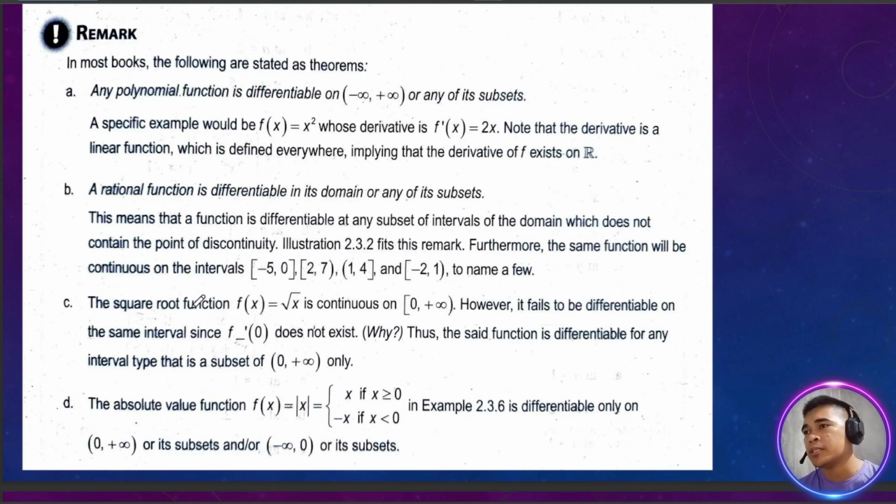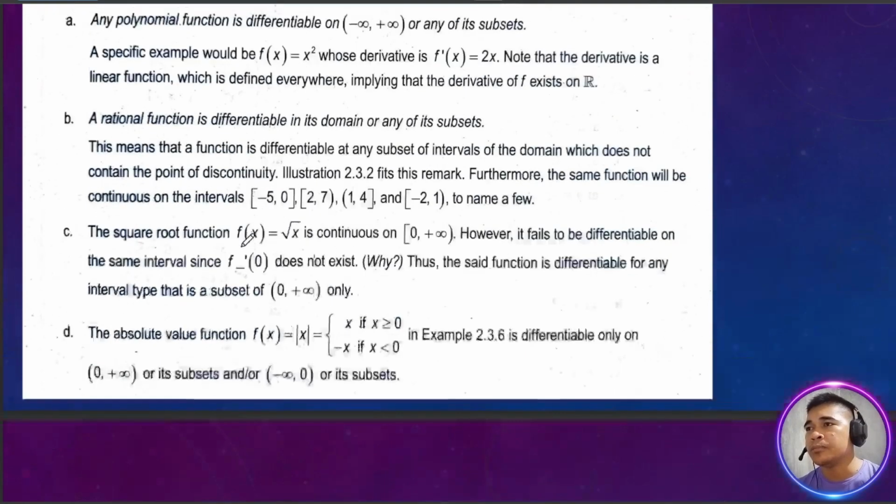Now, for letter C, the square root function. f of x is equal to the square root of x is continuous on the half-closed interval 0 and positive infinity. However, it fails to be differentiable on the same interval since the left-hand derivative of function f at 0 does not exist.